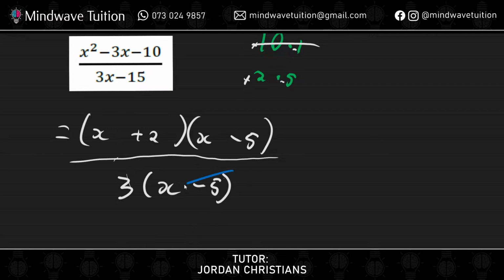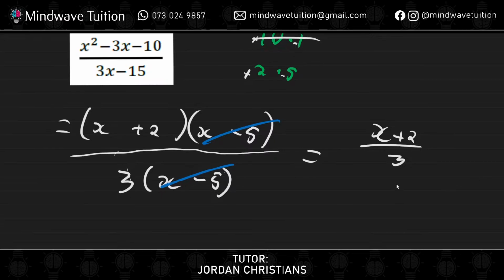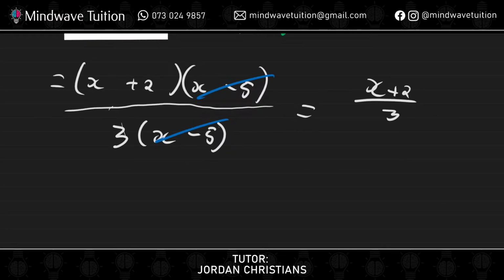And again, this cancels out, giving us the final answer of x plus 2 all over 3. And that is your final answer. It cannot be factorized anymore. So, x plus 2 over 3 is my final answer. No other factorization and no other dividing.